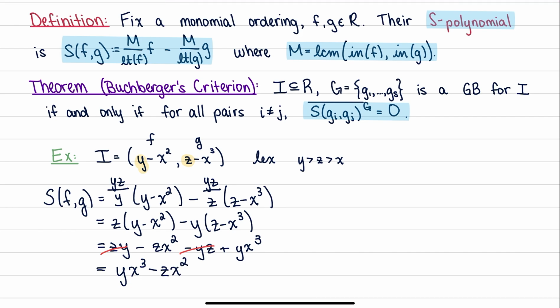So now that I have this S polynomial, I need to divide by my set and see what remainder I get. So let's see, what is the leading term of this? It's the one with the y in it.